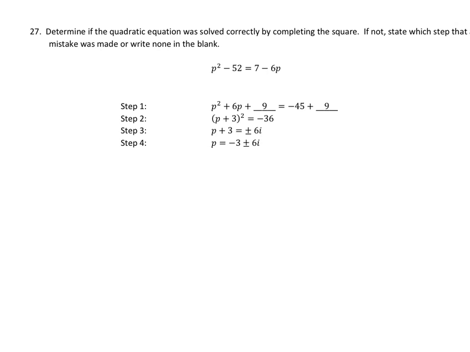So we're going to take this step by step. If I'm just working this problem on my own without even looking at what the steps are on here, that might be a good idea to do that. Just work it out on your own first and see if you get what they got. Okay, so that's what I'm going to do here. And if I don't get what they got, at least I can determine which step they missed.